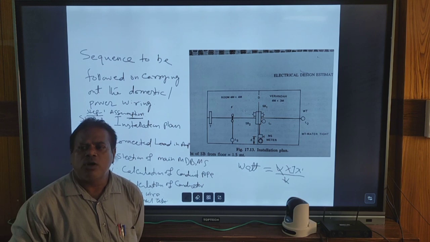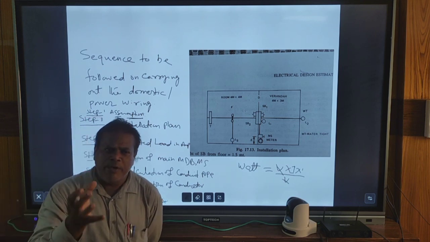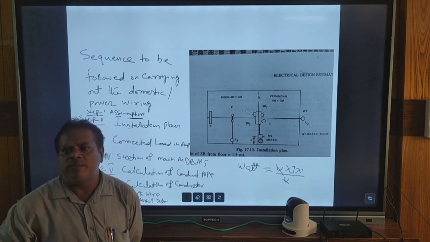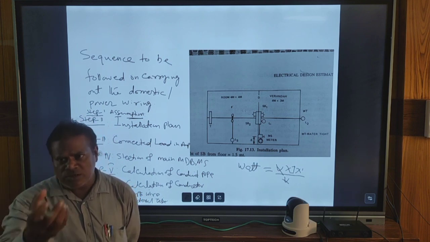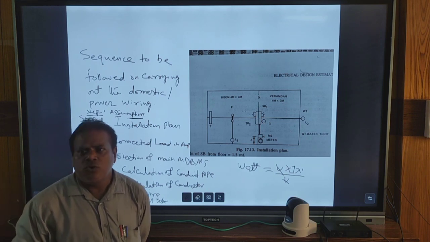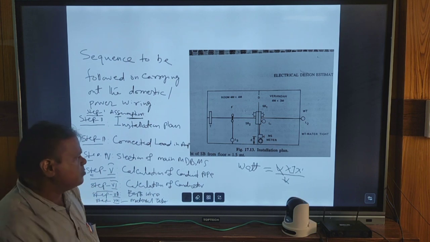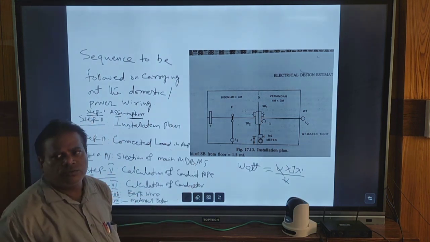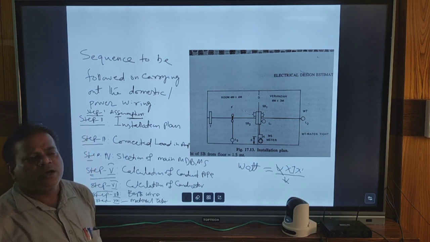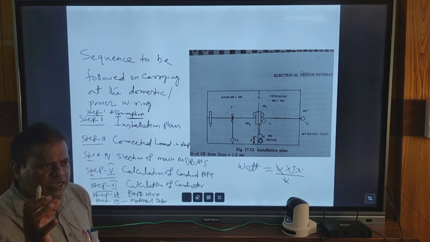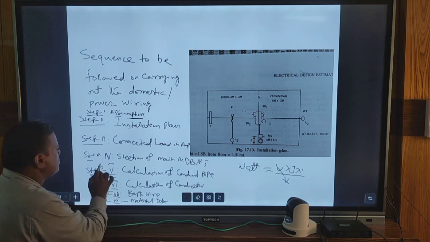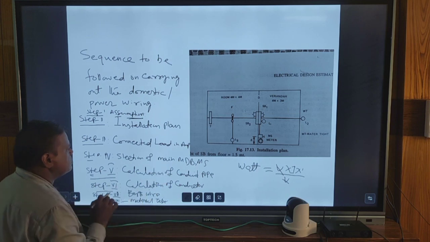We say that is 22 ampere, but equipment of that amperage is not available in the market. The nearest amperage which is available in the market, suppose that is 32 ampere. So we will select that 32 ampere main switch for this wiring purpose. So depending upon the connected load in amperes, we will select the main switch and the distribution board like that. So that is step 4, selection of the main distribution board.